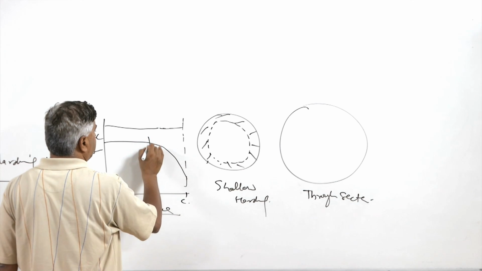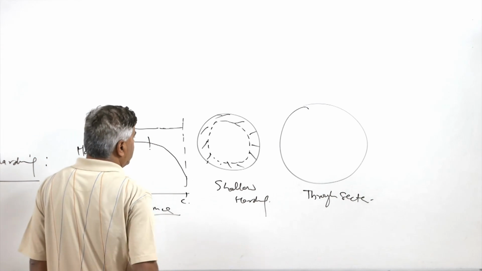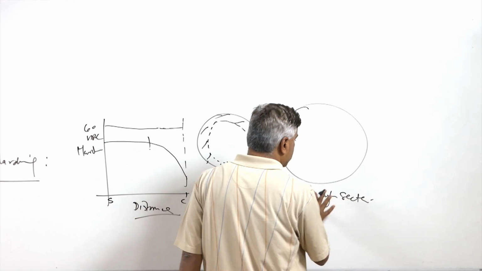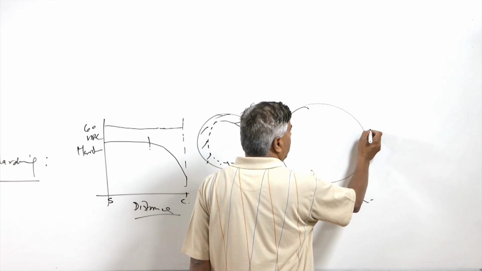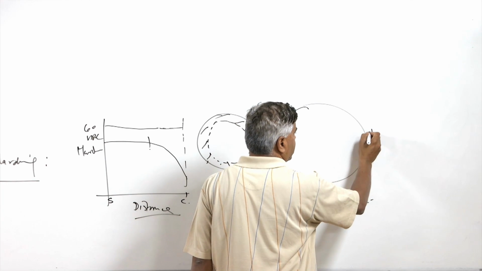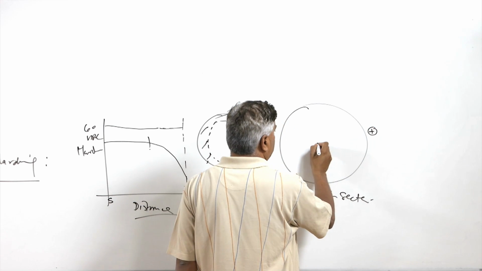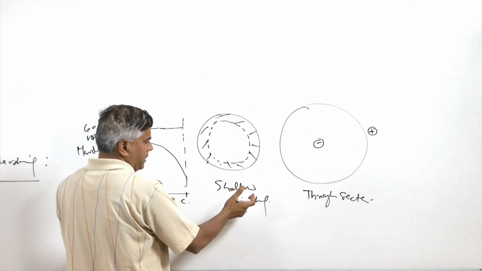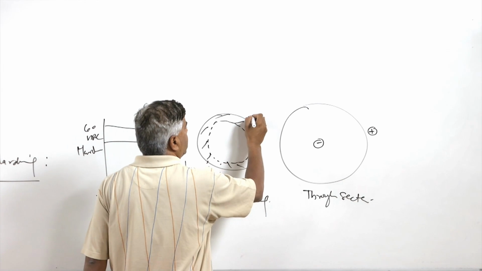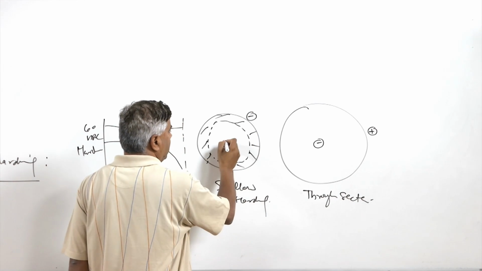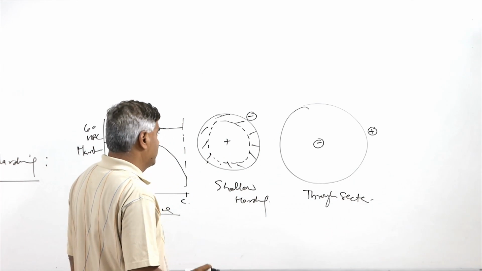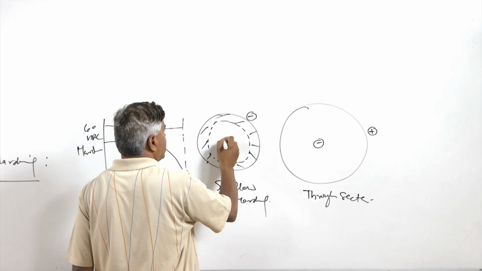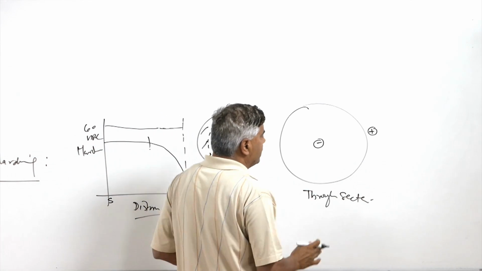So this is the depth up to which it has been hardened, and below that it is softer. So when we find this kind of situation, in case of through section hardening, we find tensile residual stresses at the surface and compressive residual stresses at the center, while in case of the shallow hardening, compressive residual stresses exist at the surface while the tensile residual stresses exist at the center. So what is the reason behind this?